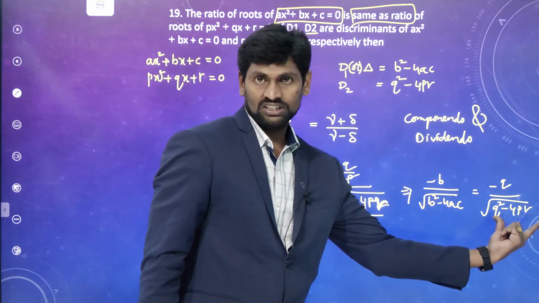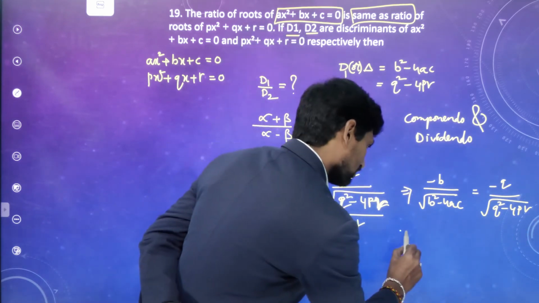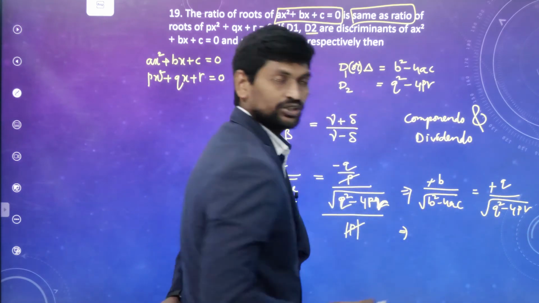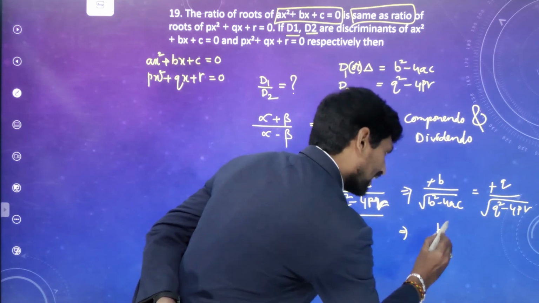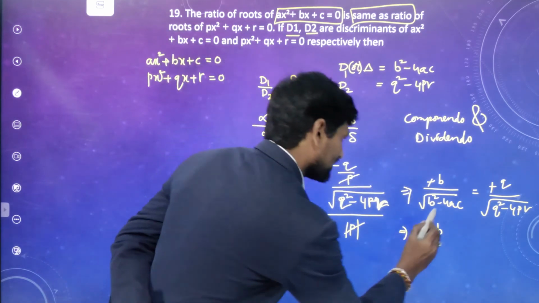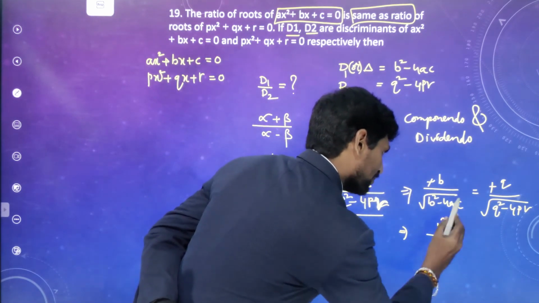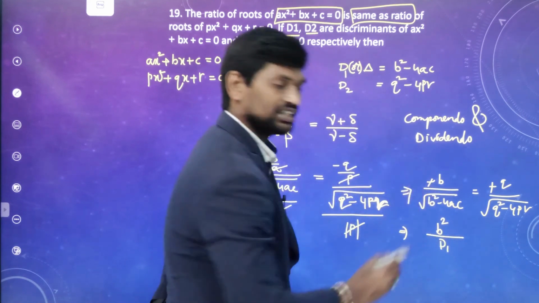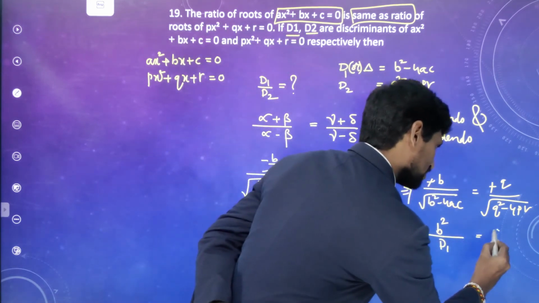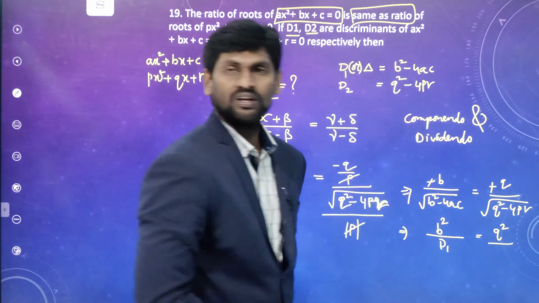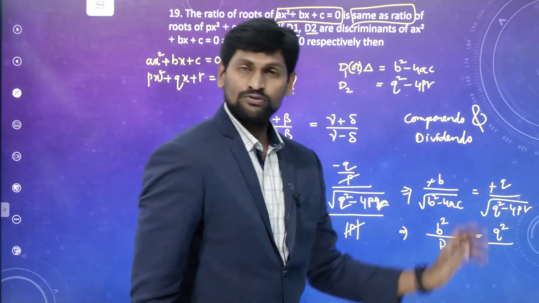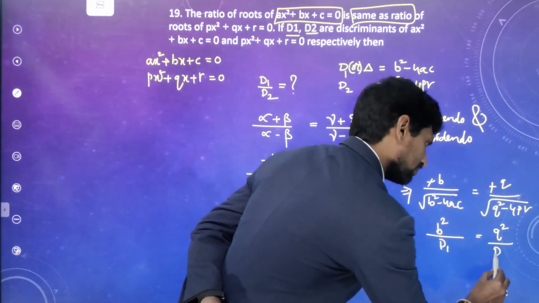This is also root over the discriminant. So I can cancel the negatives on both sides. Apply squaring on both sides. b square minus 4ac means d1, that equals q square minus 4pr, which is nothing but d2.